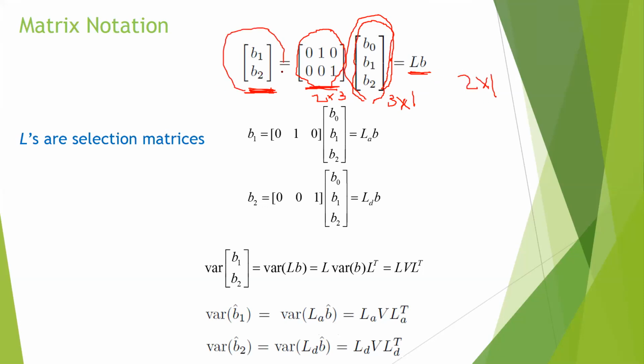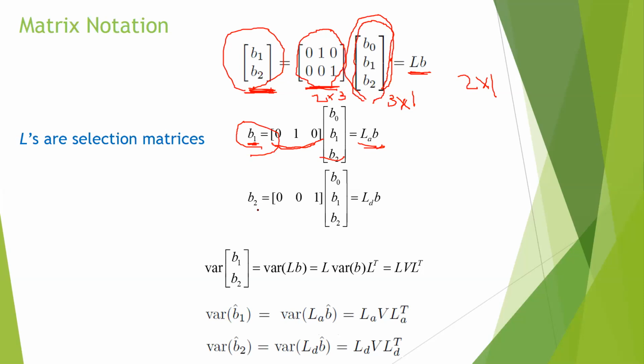Then you get a 2 by 1. Now, if you want to test just the additive effect, you use a simple matrix here. This is also a design matrix. If you multiply it with the same vector, you get a simple B1.